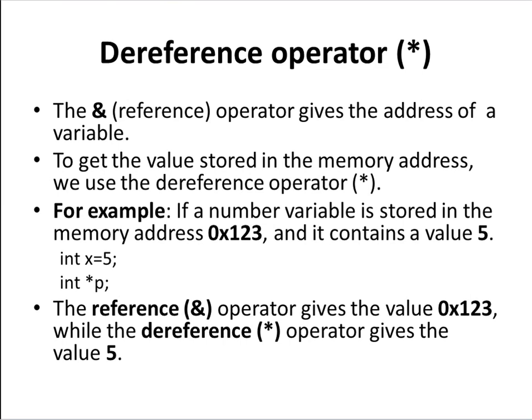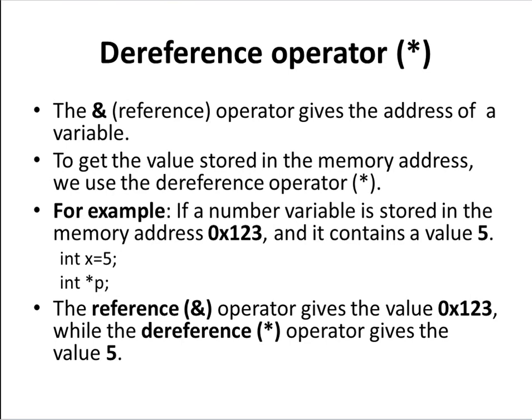To get the value stored in that address or memory location of that variable, or pointer, we use the dereference operator. This star operator is also called the value at address operator, meaning what value this address contains.